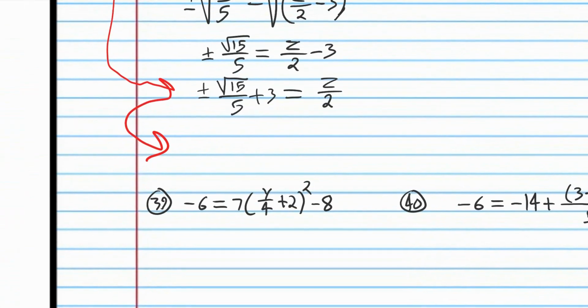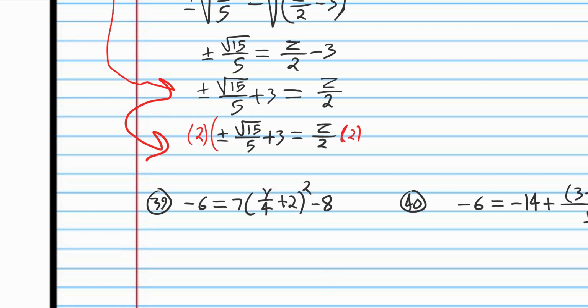So I'm going to rewrite this. And I'm going to multiply both sides by 2. Now I don't usually show the steps, but in this case I think I probably should, because we haven't done this.